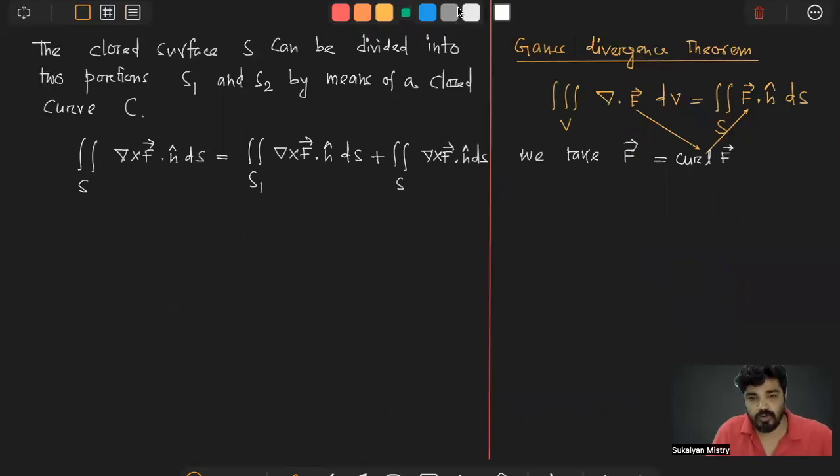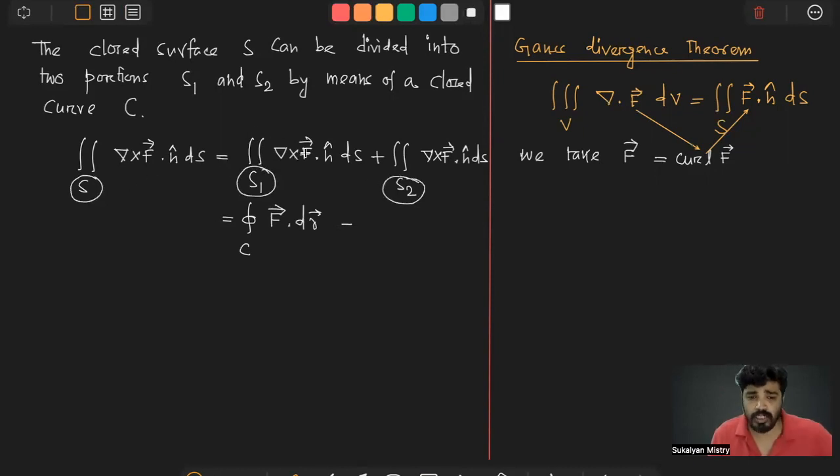So what can we write? That is equal to the integral over C of F dot dr, minus the integral over S2, sorry. S can be partitioned into two portions, S1 and S2.